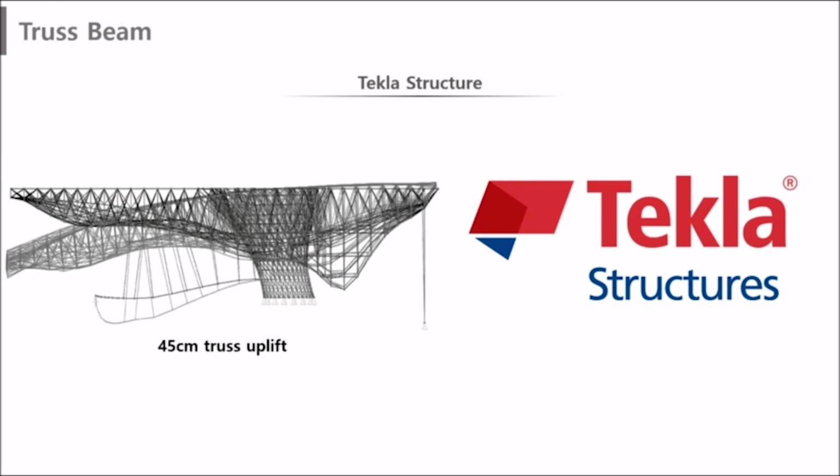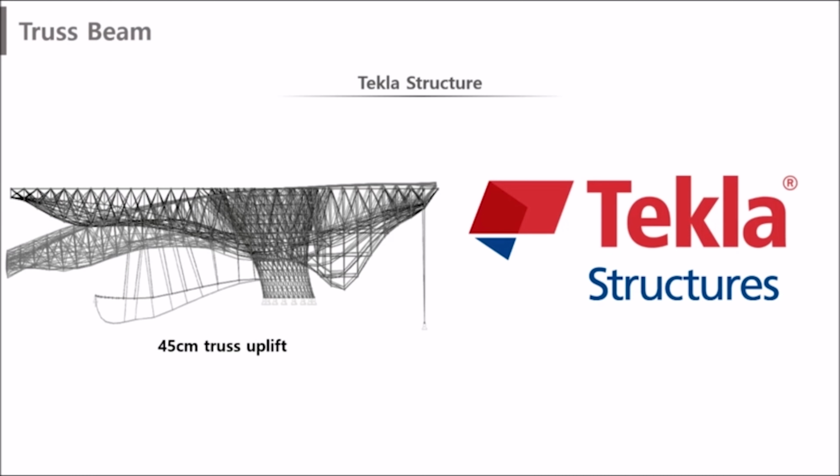Therefore, the cantilever in Busan Cinema Center was produced through a 45 cm truss uplift design, and predicting and applying the exact value of the truss uplift was a very challenging part.